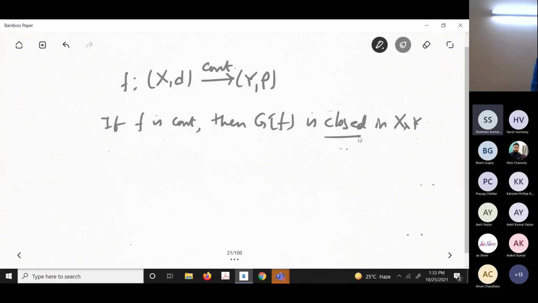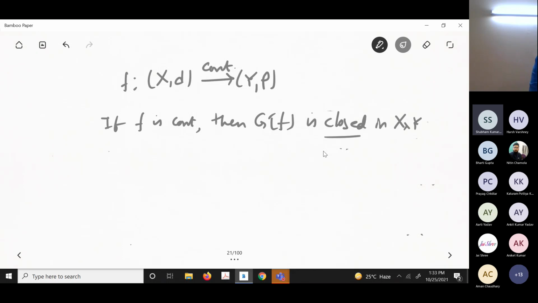Here for closed you can use the sequential characterization. It will be easy to prove. Just telling you why you must do it and what the importance of that is.